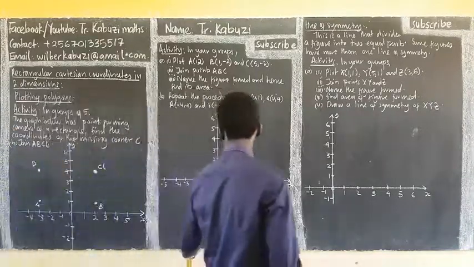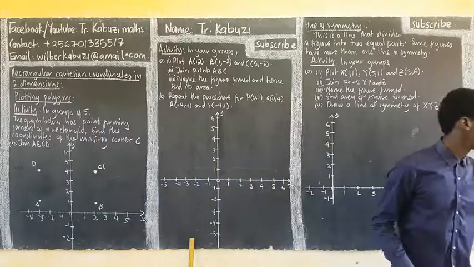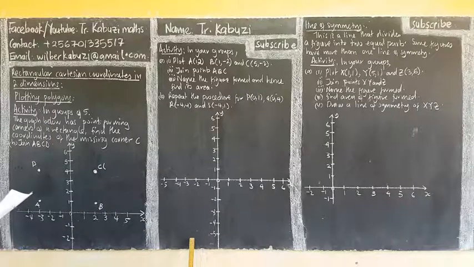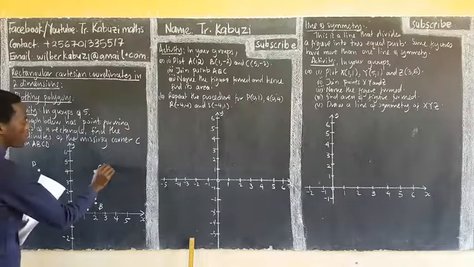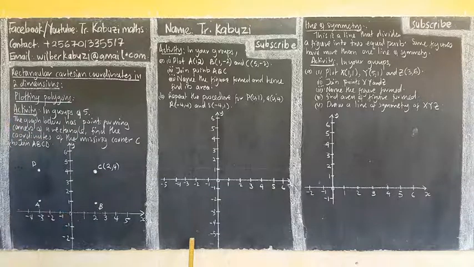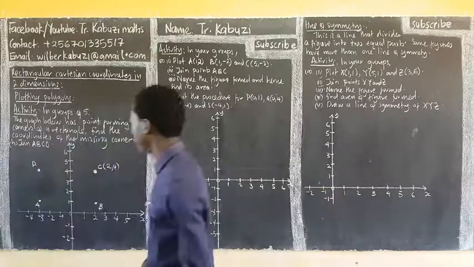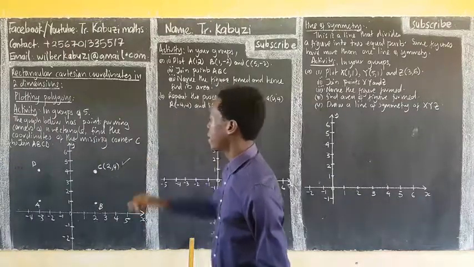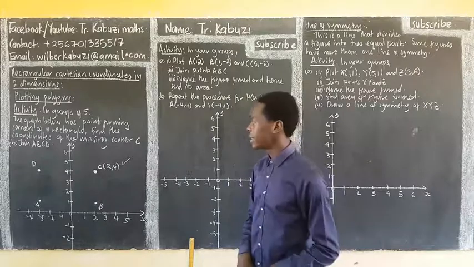They have their coordinates as 2, 4. I think everything is okay there, and then we give them a very nice tick. If you have any group with that, you give it a tick.